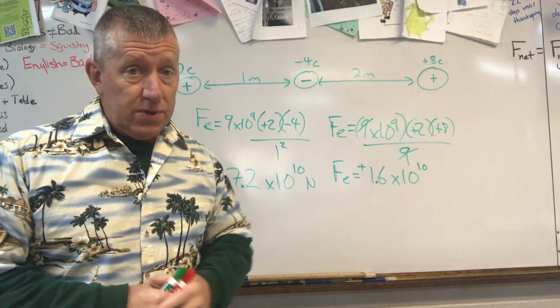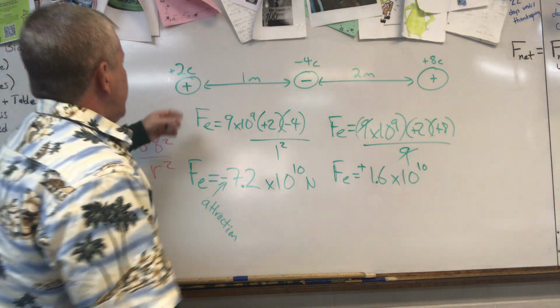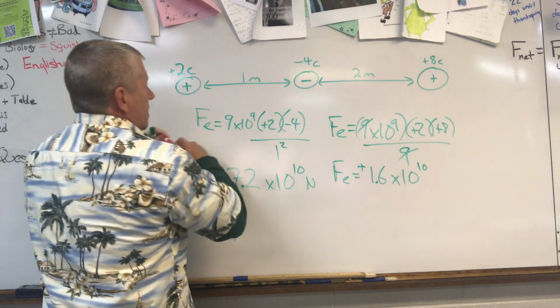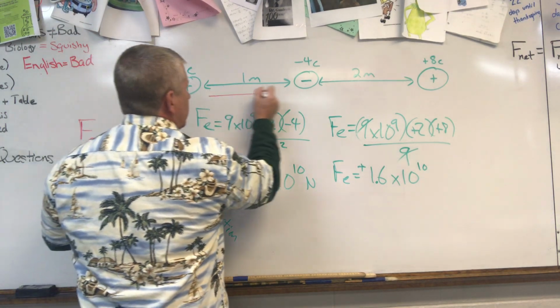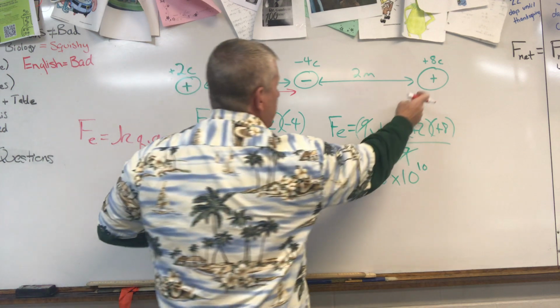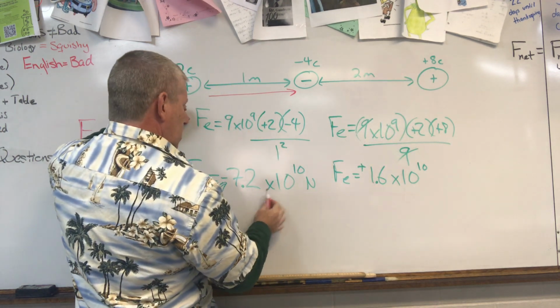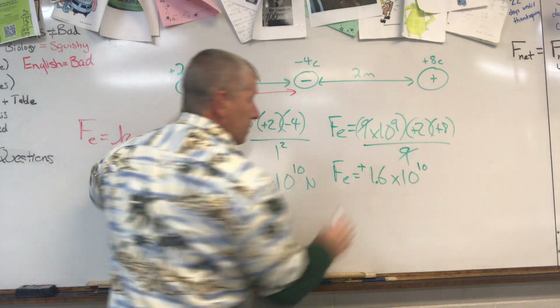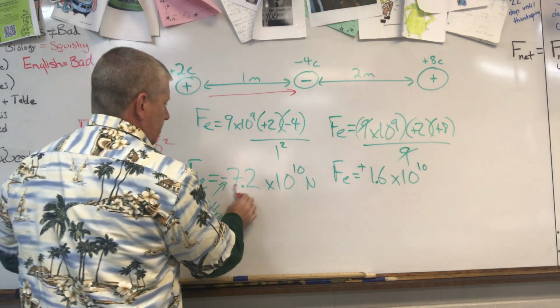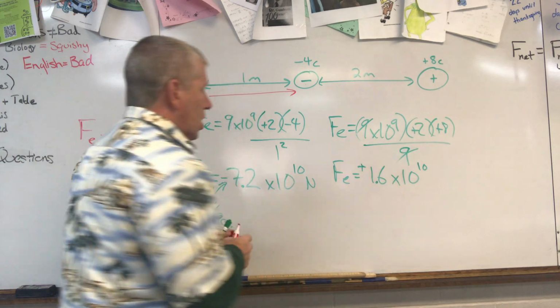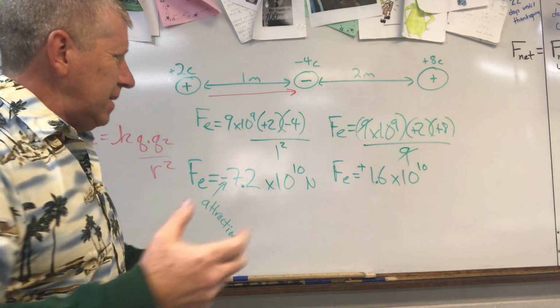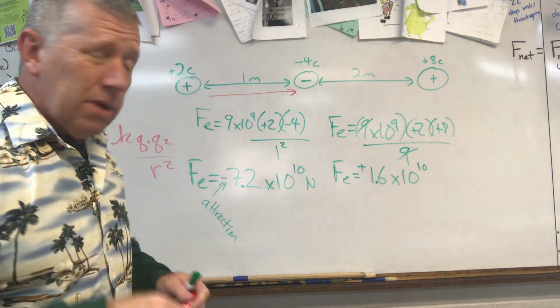Now, these are forces. Forces are vectors, and that means that this attraction that you have on me is being fought by a repulsion that you have on me. So I'm going to try to draw these. Well, look, times 10 to the 10th, 10 to the 10th, same magnitude there. This is 7.2 and 1.6, or around a little bit less than 1/4 of the total.